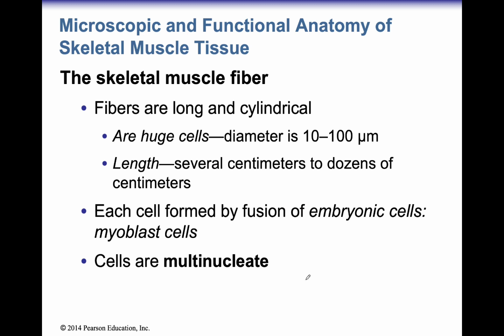Now, to teach this, I want to specifically just stick with skeletal muscles just so that we have some continuity across this anatomy. So as we stated, skeletal muscles are really long, they are multinucleated, and the reason they're so big and they have so many nuclei is because they're formed from a fusion of cells we call myoblast cells.